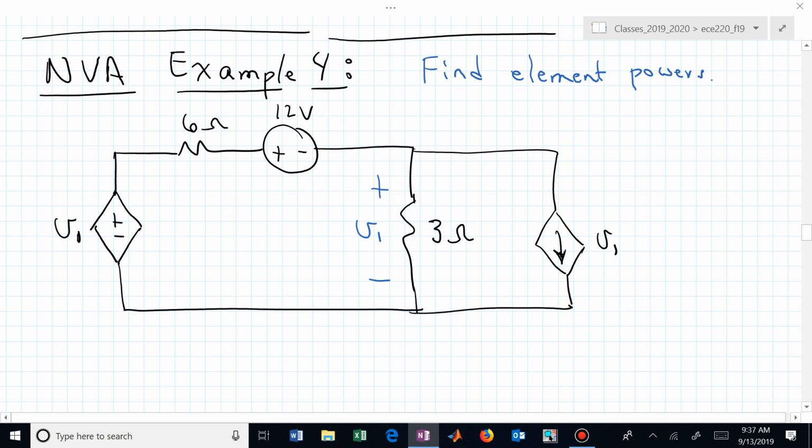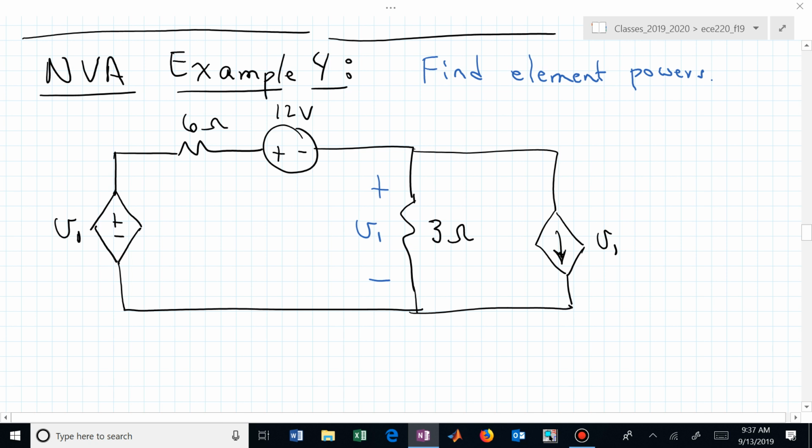Could you tell me the power of that dependent current source on the right? If I said V1 is this, now you know the voltage and the current associated with that. You know the voltage and the resistance of the other. You would know everything if we could find V1.